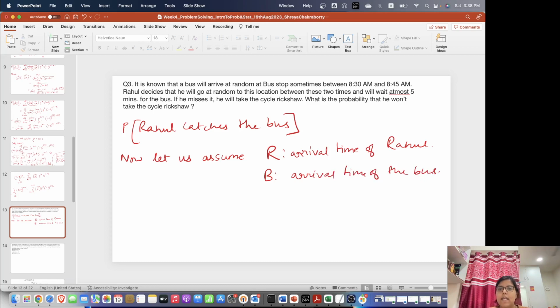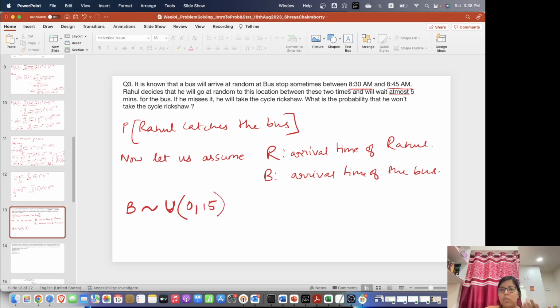Now the bus can come between 8:30 to 8:45, so I can assume that the bus follows a uniform random distribution. Since the interval is 15 minutes, I'll consider 0 to 15. So I will talk not in terms of absolute times but in terms of intervals.